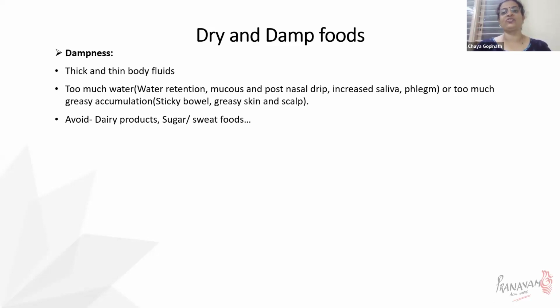If you are eating excess sweet, it will become excess in dampness or humidity. But on the other hand, if you're completely eliminating sweets or the sweet kind of taste in your food. For example, when I say sweet, I don't just mean sugar, jaggery, and other things.